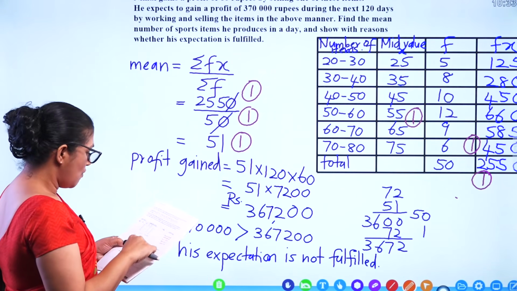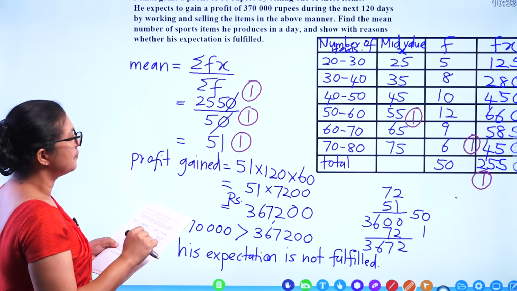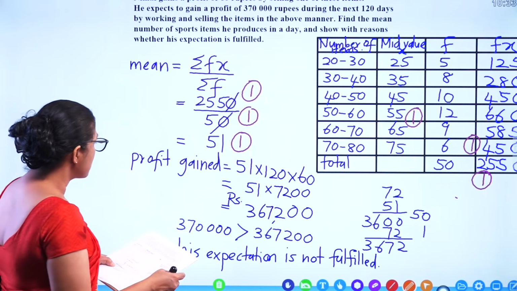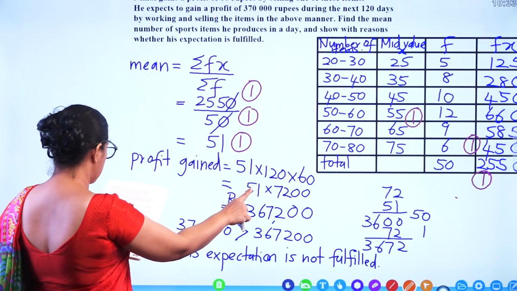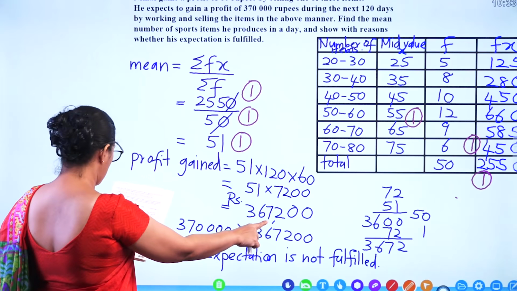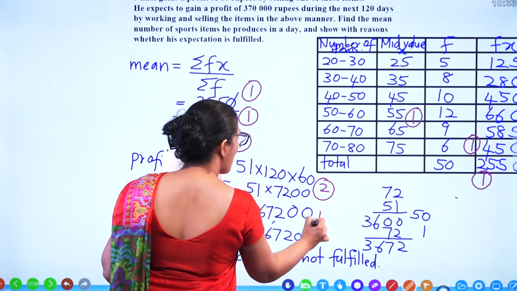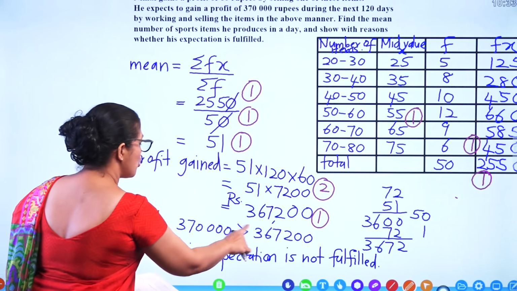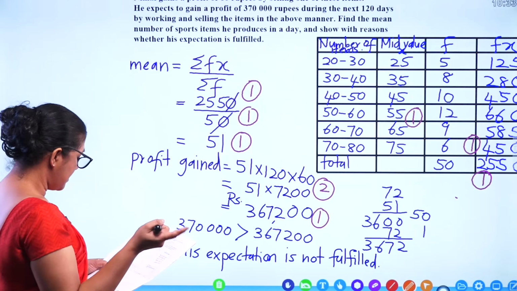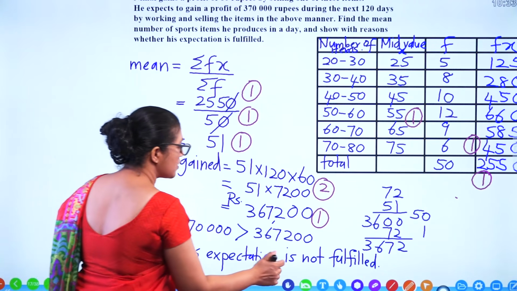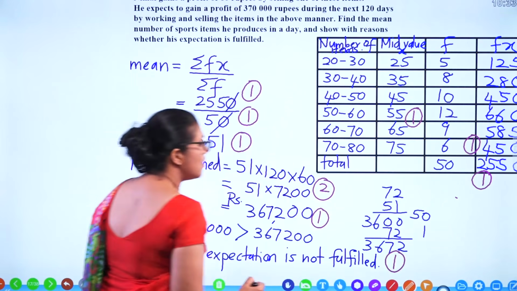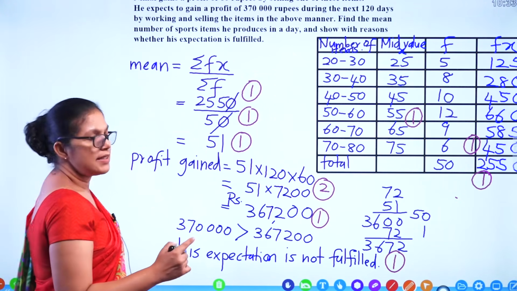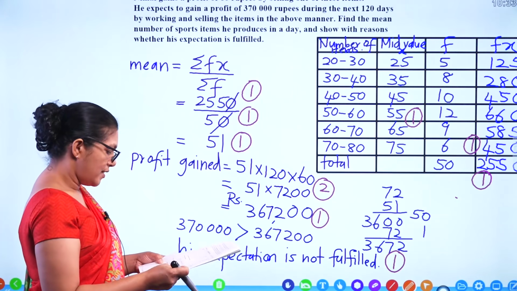So altogether 1, 2, 3, 4, 5, 6. And then you get 2 marks, 51, 120, 60, 3, 6, 7, 2,000. So 2 marks for multiplication and 1 mark for the answer. And then mentioning this is greater than this value. So his expectation is not fulfilled for the reason 1 mark. 3, 4, 5, 6, 7, 8, 9, 10. Altogether 10 marks for this question.